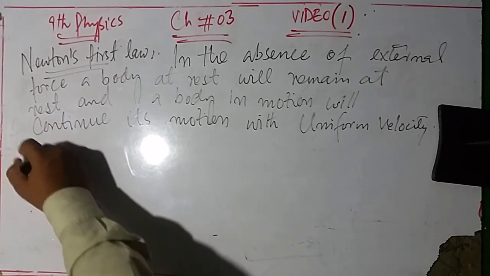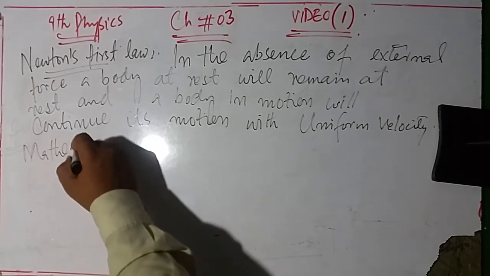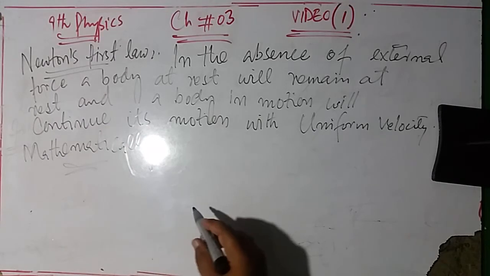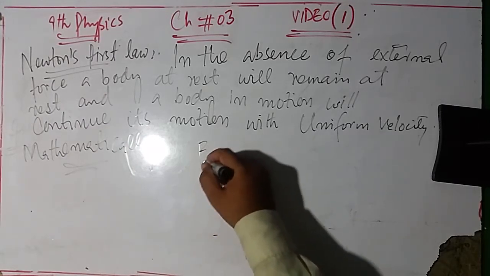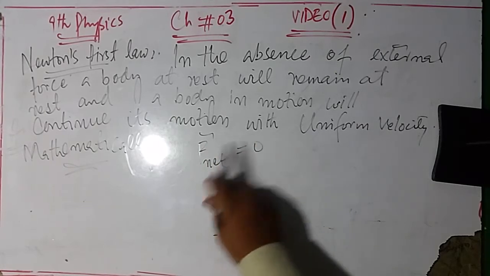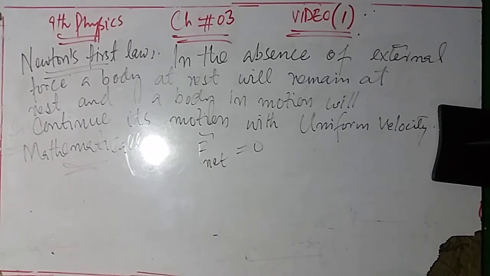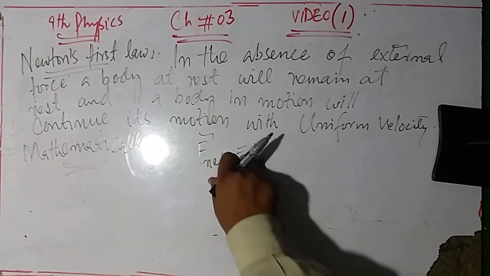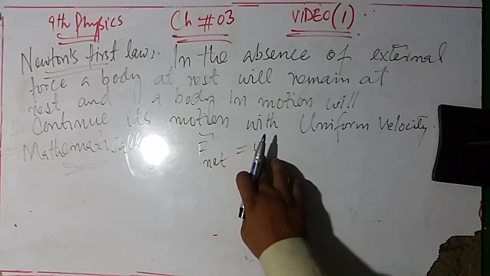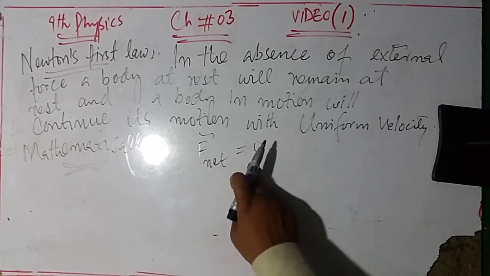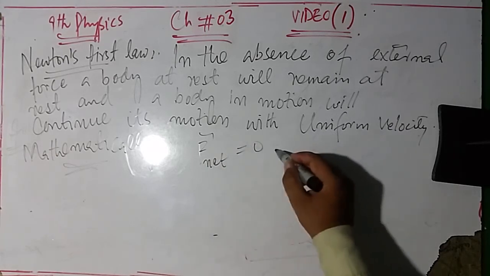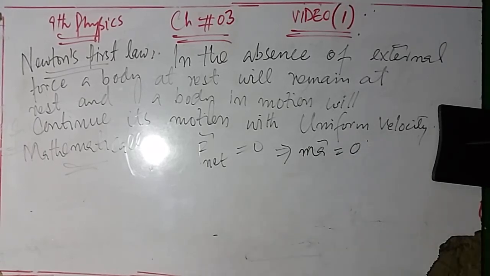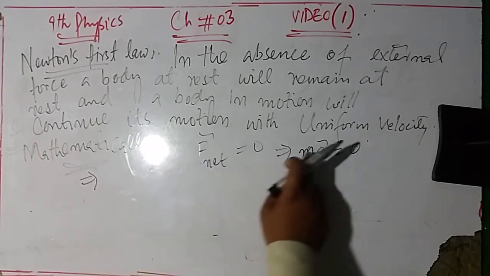So mathematically we can write it. In the absence of external net force acting on a particular object, if the external force or the net force applied on a particular object is zero, whether it is moving or at rest, then mathematically we can write F equals m times a equals 0.